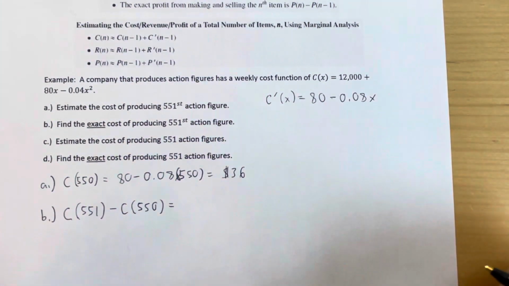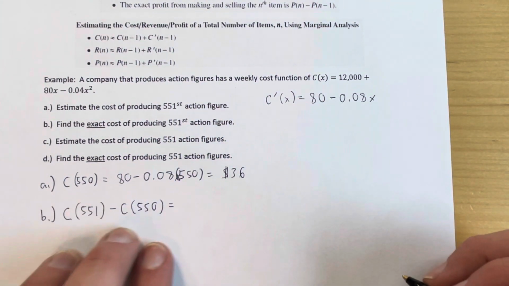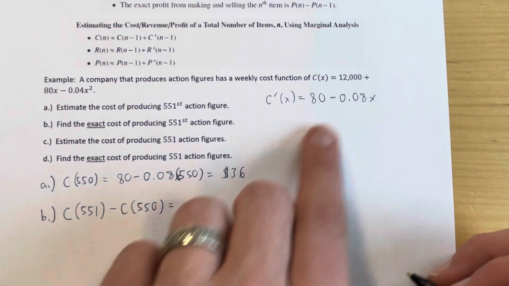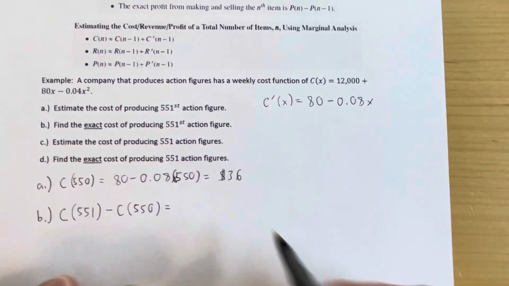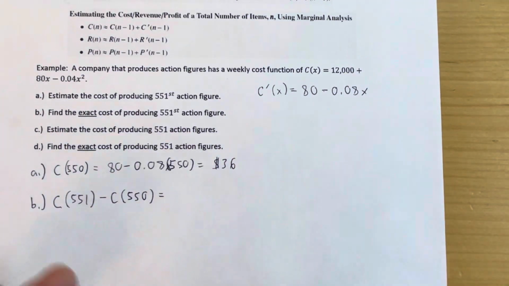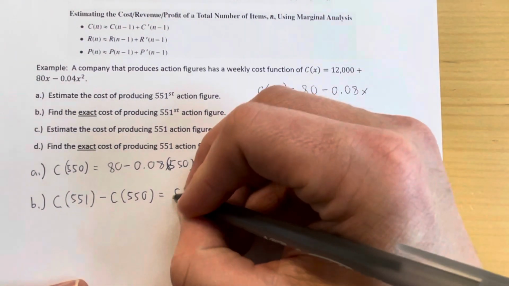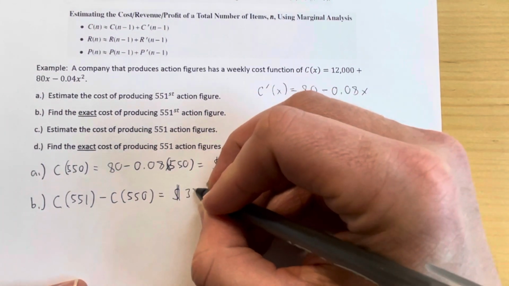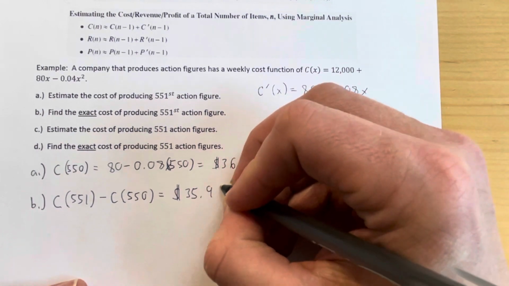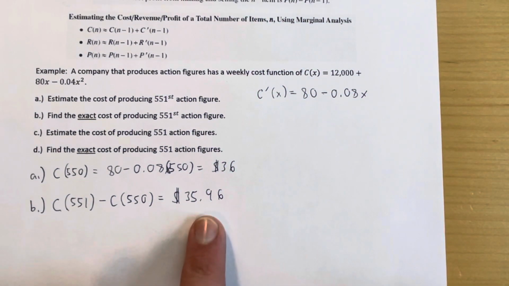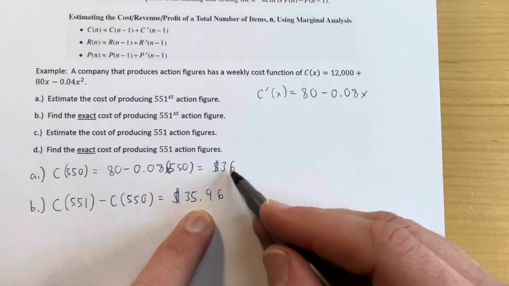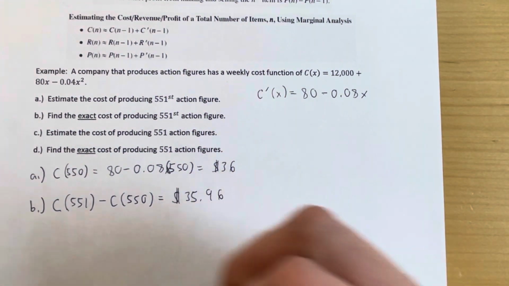This would go into a calculator. I'm not going to plug 551 directly into this and 550 directly into this and write all of that out. I'm going to let you do that. But this comes out to something very, very close to our estimate, $35.96.